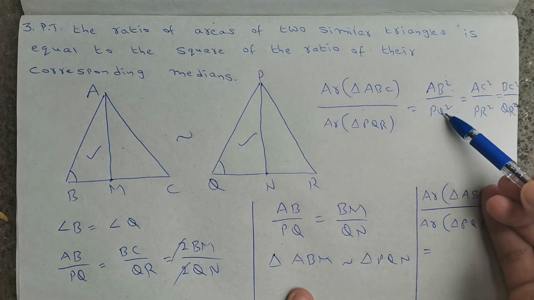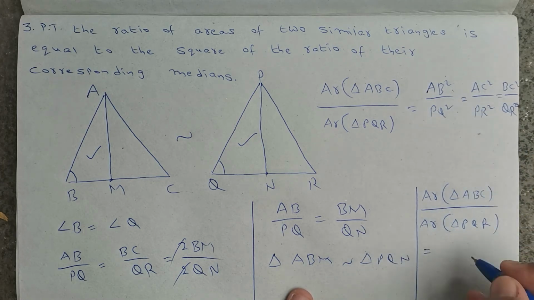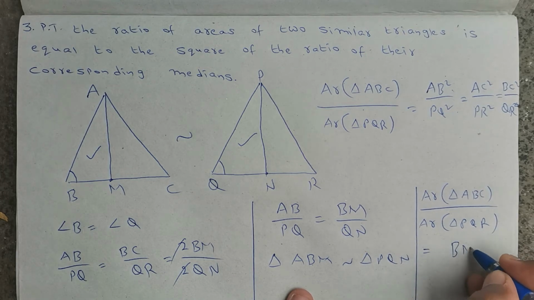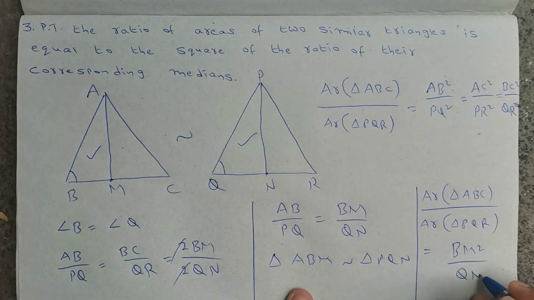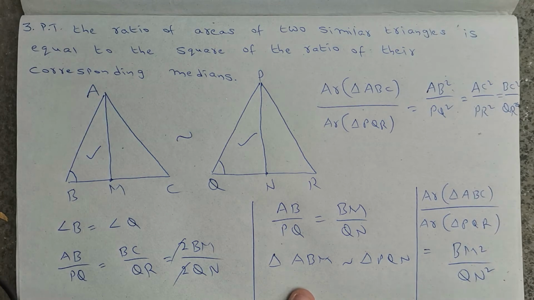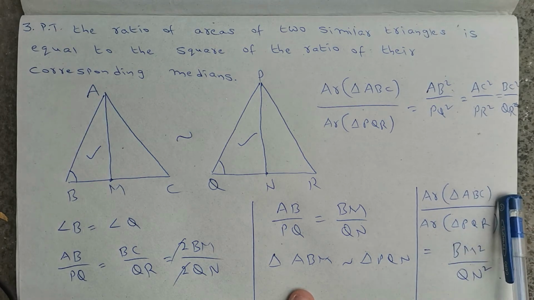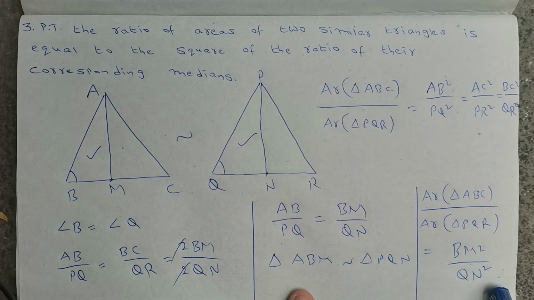So in the place of AB by PQ I will substitute BM by QN. So we will get BM square divided by QN square. So the ratio of areas of two similar triangles is equal to the square of the ratio of their corresponding medians.